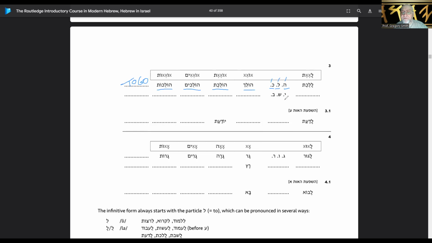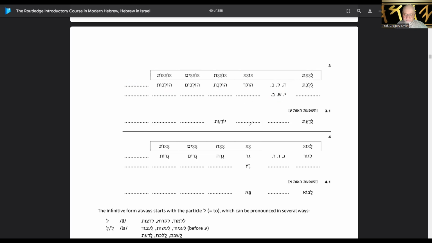Okay, and then now look at this one here, yashav. They're just giving us this one clue, the root, the shoresh. Well, I'm almost certain that's one that I've known before. It means to sit, or to settle.